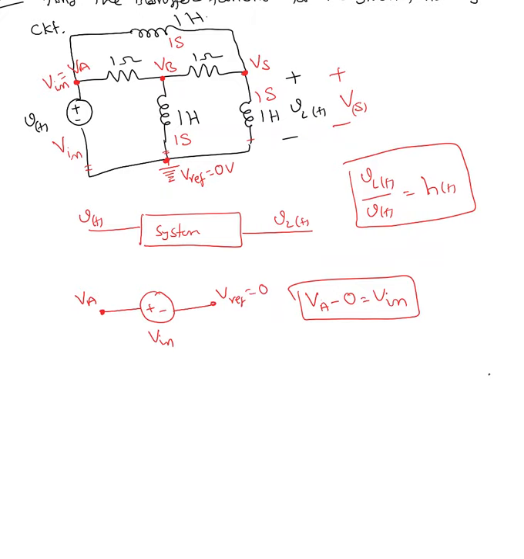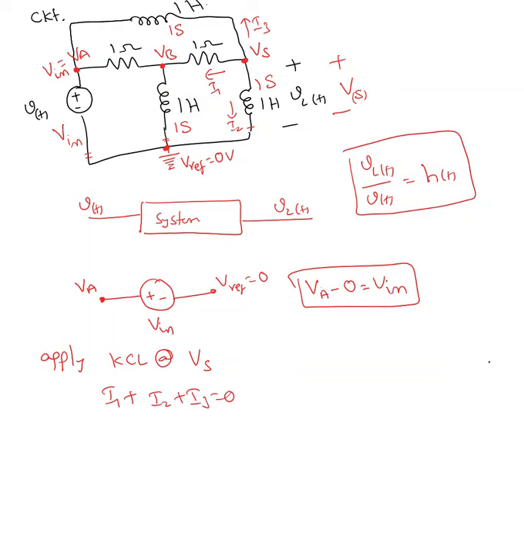So I'm going to apply KCL at Vs. I'm taking every current as going out of the node. So I take I1, I2, and I3, all three currents going out of the node. So I1 plus I2 plus I3 equals 0. Now what is I1 here?